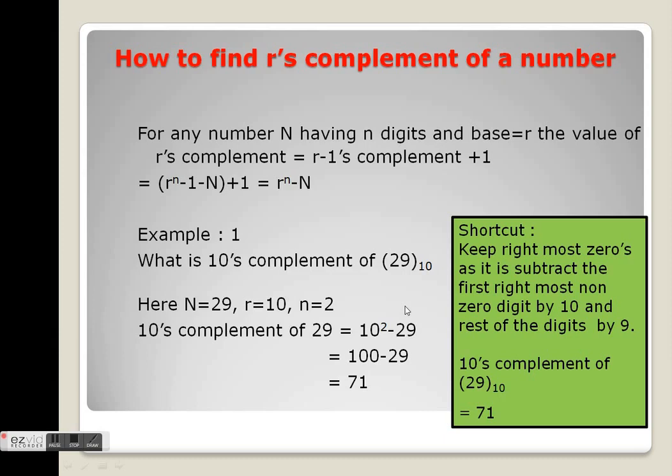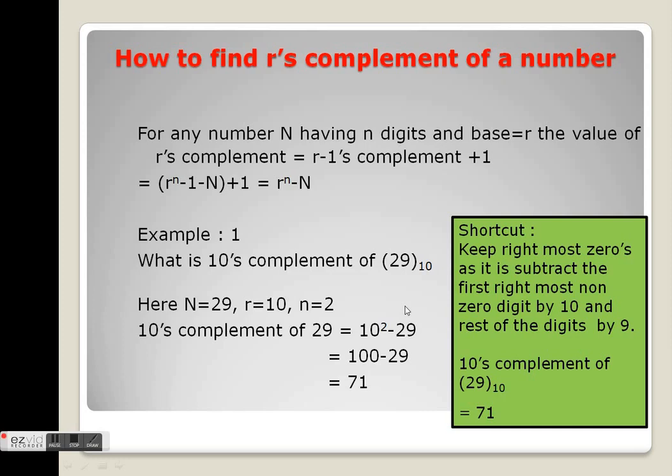Students, we can also use a shortcut to obtain the tens complement, and the shortcut is: keep the rightmost zeros as they are, subtract the first non-zero digit from 10, and subtract the rest of the digits from 9. In our example, the number is 29, and we do not have zeros on the right-hand side, so our first digit on the right-hand side is a non-zero number.